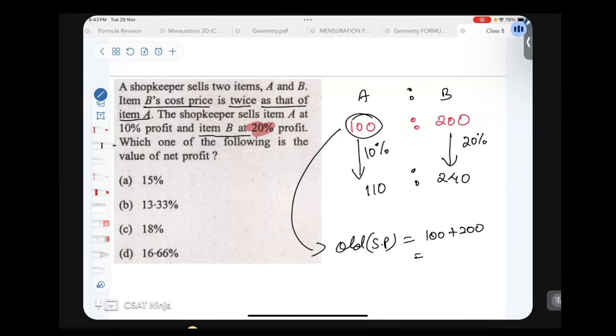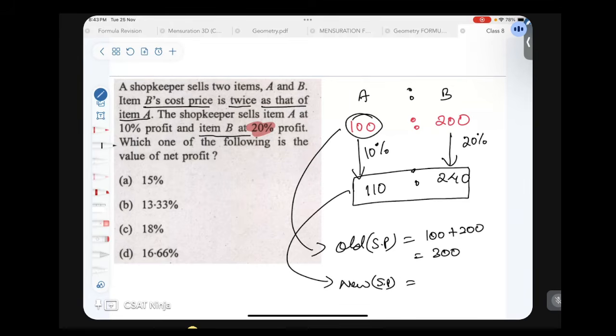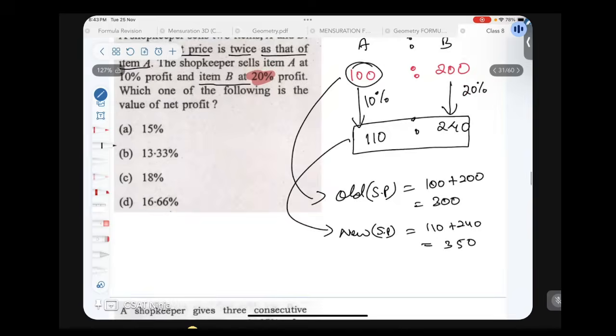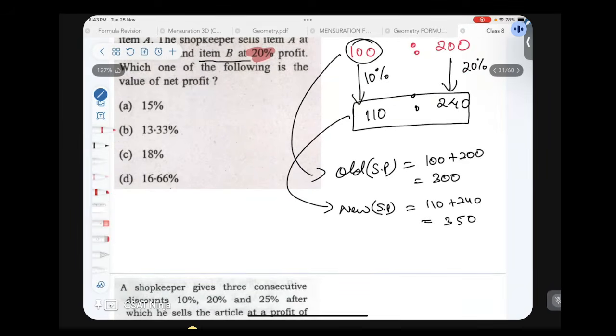Before the price was sold at profit, it was 300. But after the increase in profit, what will be the new selling price? New selling price will be 110 plus 240. It will be 350. So if you look carefully, earlier it should have been 300, but now it has become 350.